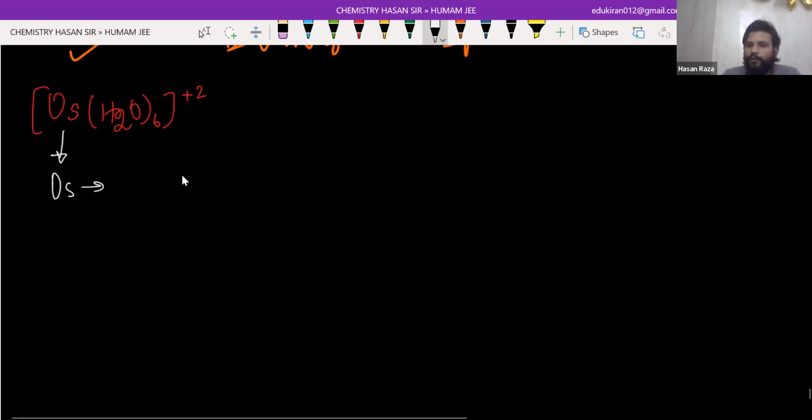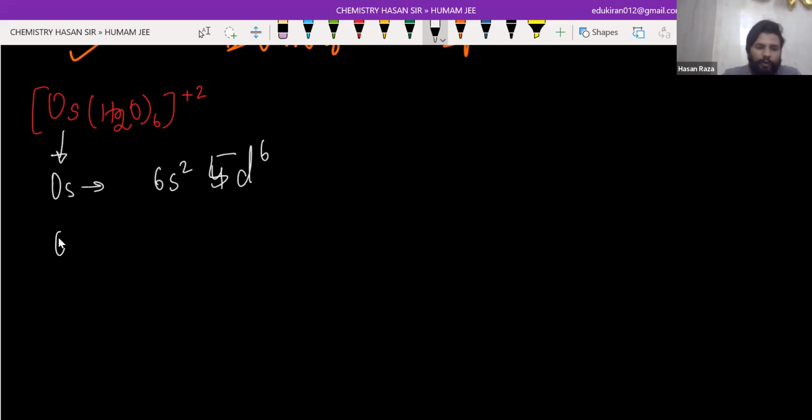The previous one was 5s2 4d6, so it will be 6s2 5d6. Now if you're going for Os plus 2, what will be the scenario? You can see it will be 5d6. Now again 5d6 and 6s0 it becomes.